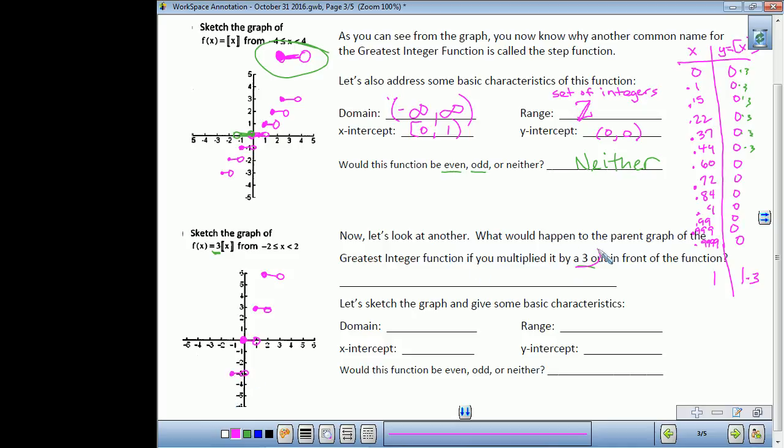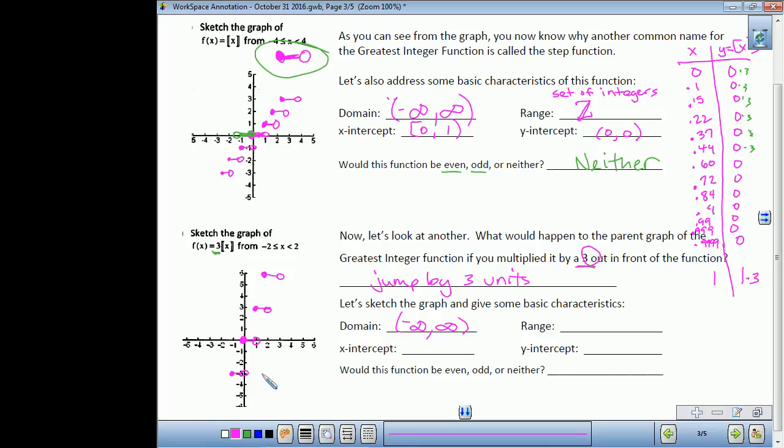So what does the 3 out in front do? It causes you to jump by 3 units. So instead of jumping up by 1, we jump up by 3. If this number out in front were a 2, we jump up by 2. All right, so our domain, still not restricted, but the range.